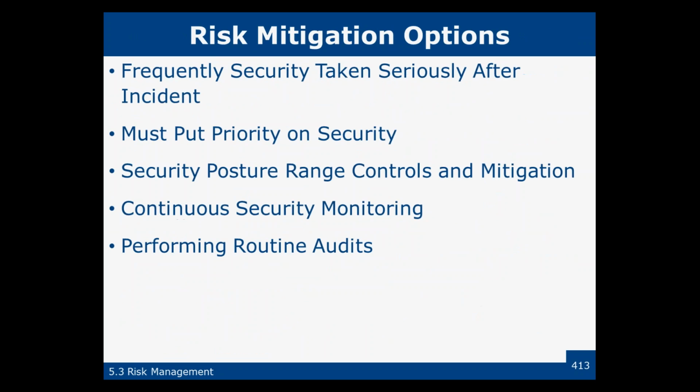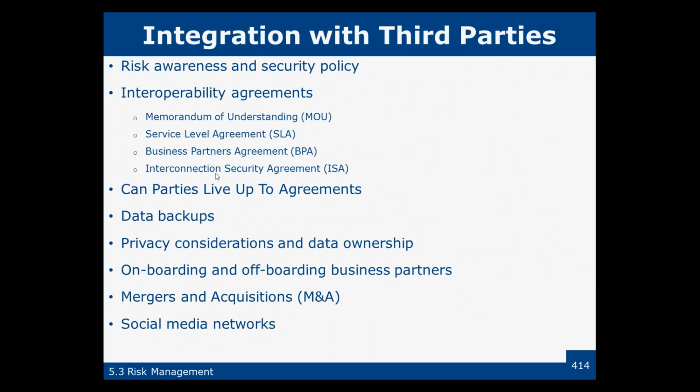The interoperability agreement, here we go, like the memorandum of understanding, the MOU. Then you have your service level agreement, and your BPA. The MOU is the first step, and it's generally informal, not a legal document. It's just a 'yes, we would like to work together' kind of thing.